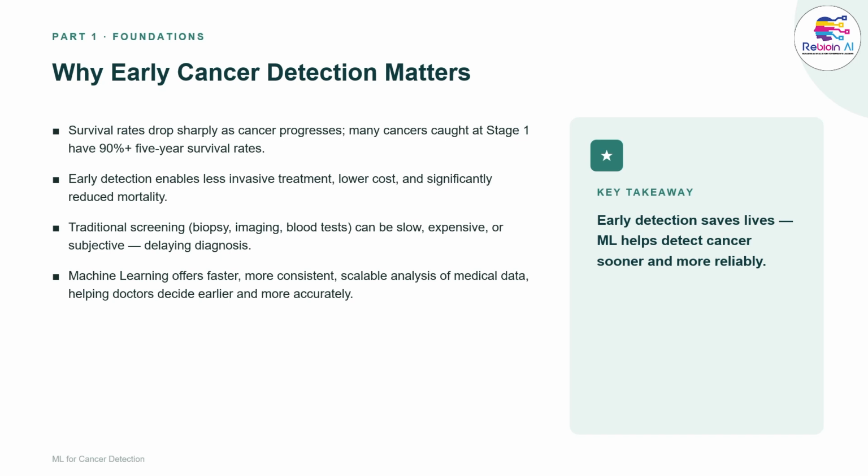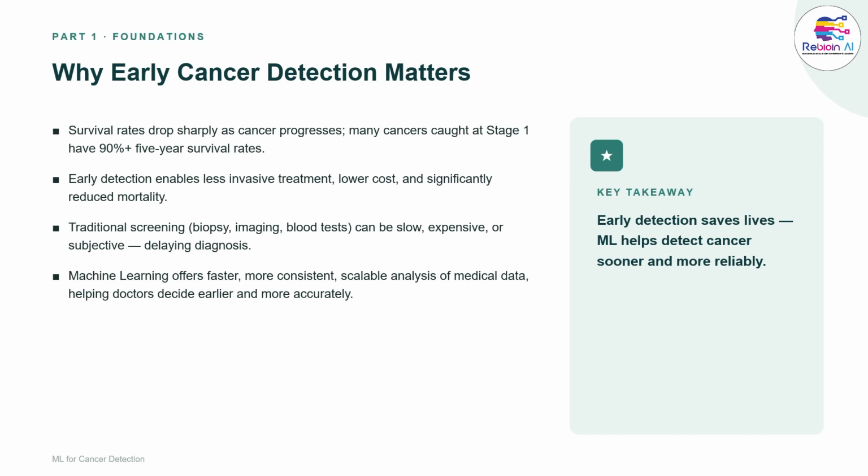If the same cancer isn't caught until stage 4, when it's spread to other organs, that number can drop drastically. Beyond survival, early detection also means simpler treatment. Removing a small tumor is very different from months of aggressive chemotherapy.